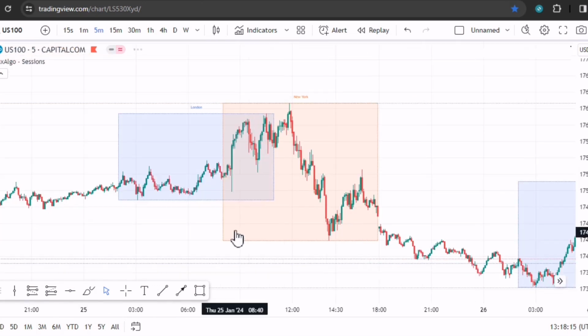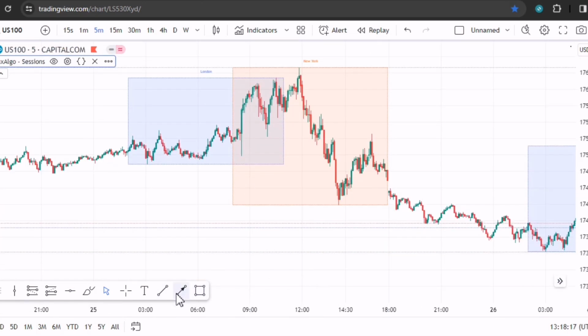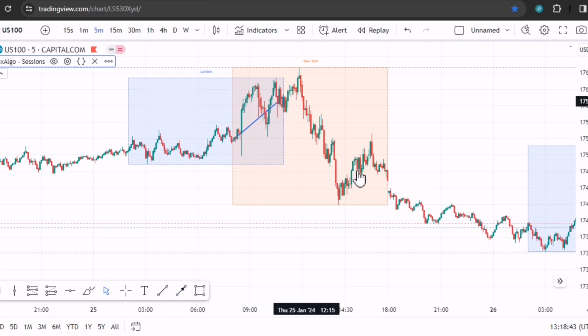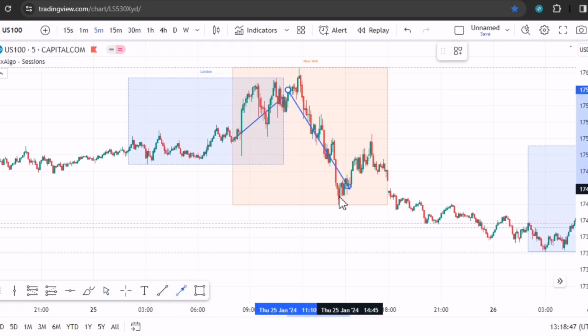Okay, let me show you another example. We're going to look at a lot of them so that you can see what I'm talking about. So you mark the first candle of the New York session and you point at the last candle of the London session. Since this is an upward arrow, the later part is going to oppose that and sell.